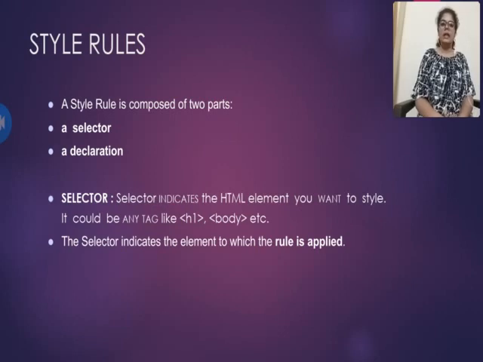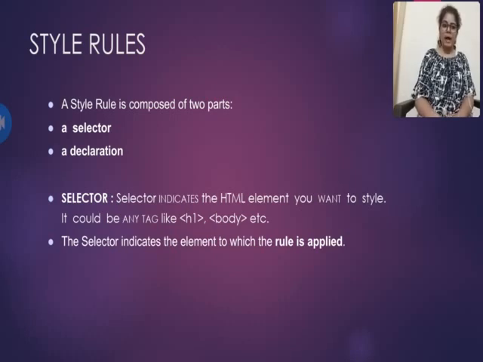What is selector? Selector indicates the HTML element you want to style. Selector means at which element or at which tag of the HTML you want to apply style. For example, I have taken H1, which is a tag of HTML.